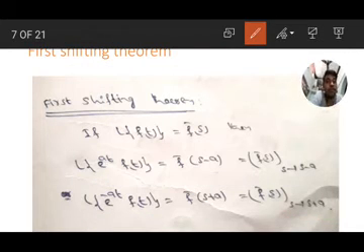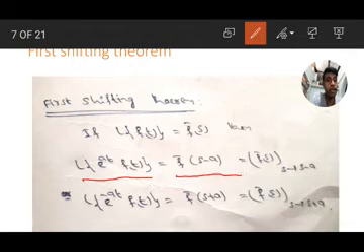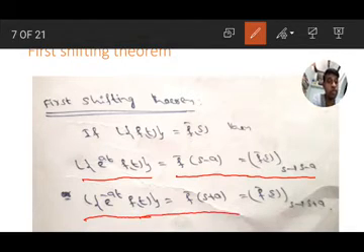The first shifting theorem says that if L of f of t equals f bar of s, then L of e to the power of at into f of t is f bar of s minus a, that is, s tends to s minus a. L of e to the power of minus at f of t equals f bar of s plus a, where s tends to s plus a.